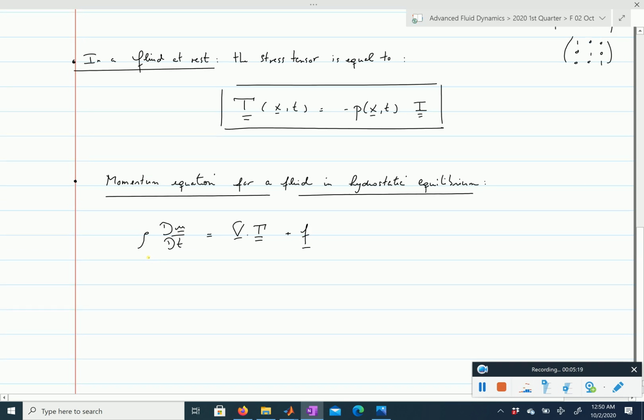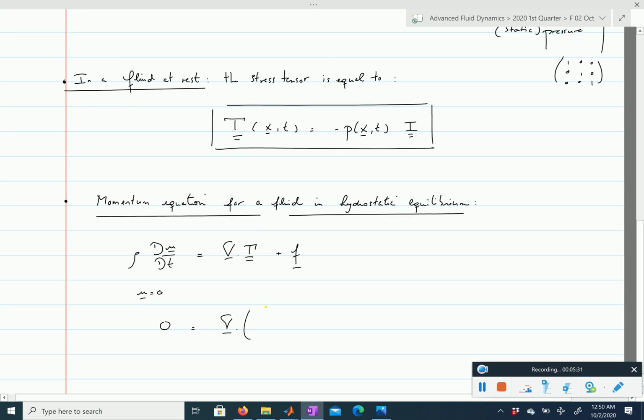And here we assume that u is equal to 0 because we are in static equilibrium. Therefore, the left-hand side is equal to 0. And we have the divergence of our stress tensor, which is minus p times the identity, and that is equal to our body forces.